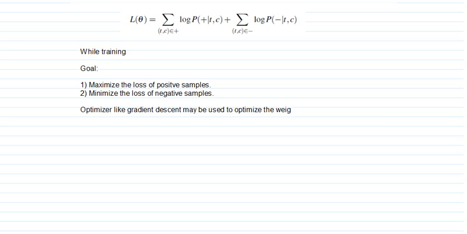Specifically, the randomly generated embeddings, right?